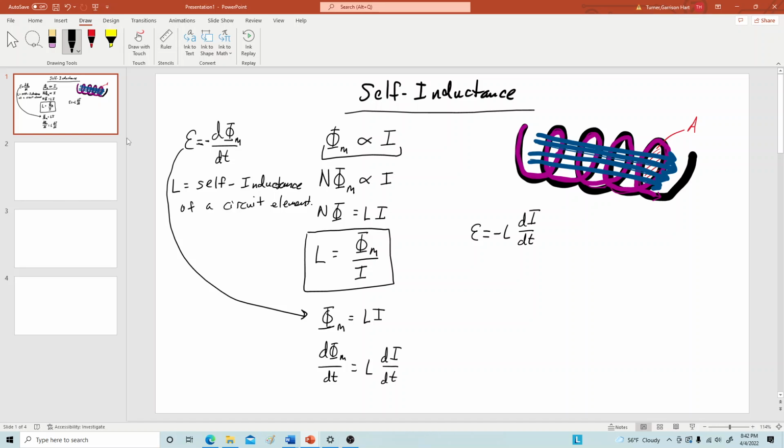If my current is decreasing, then my potential is going to increase. And if my current is increasing, my potential is going to decrease.